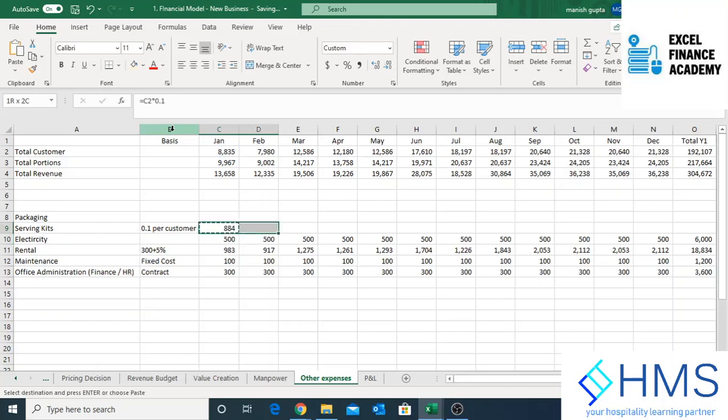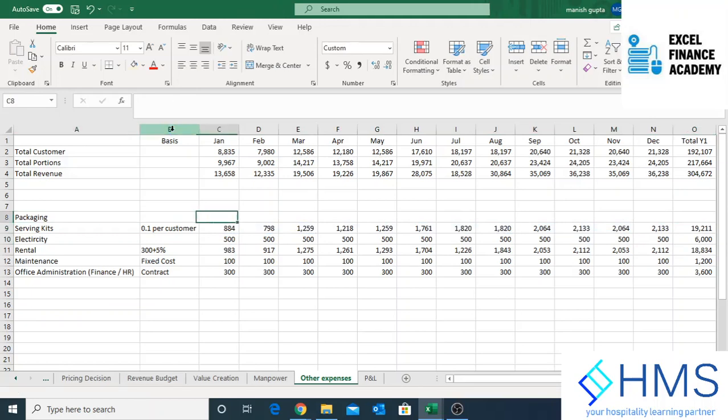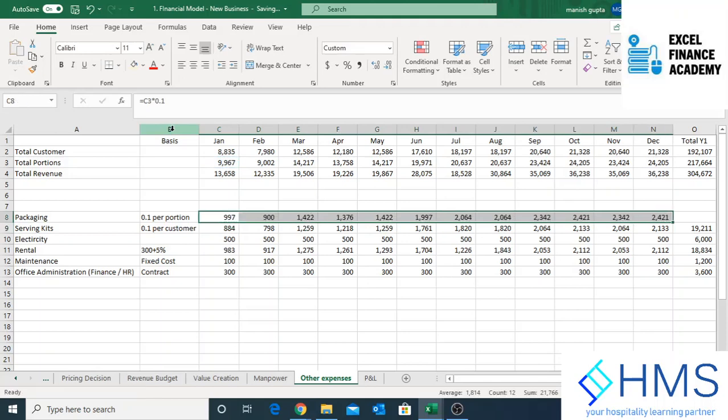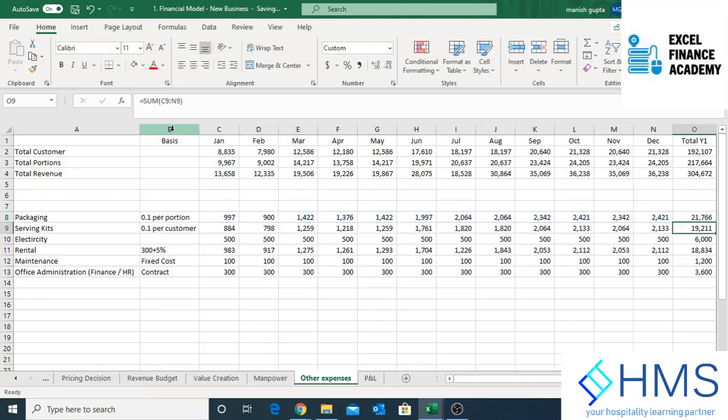Usually it's fixed, no matter how many customers you have. And then your packaging is also, let's say, the 0.1 per portion served. Or serving kits can also be per portion, actually, into 0.1. But just to show you a different example, I am using it different ways.